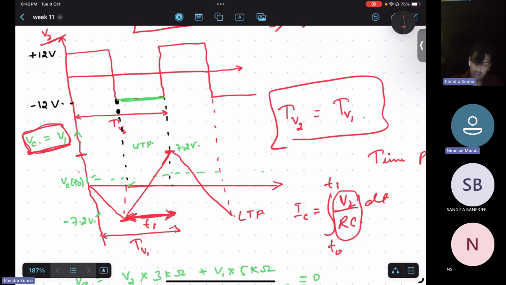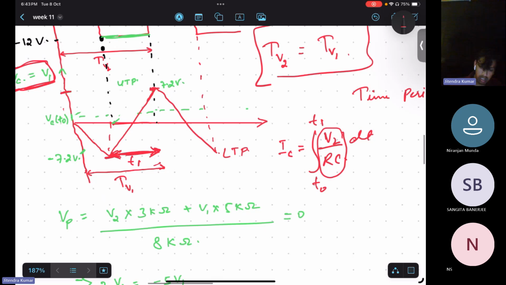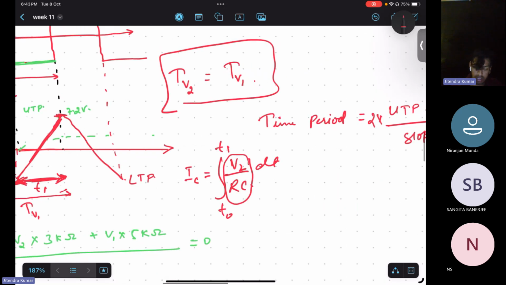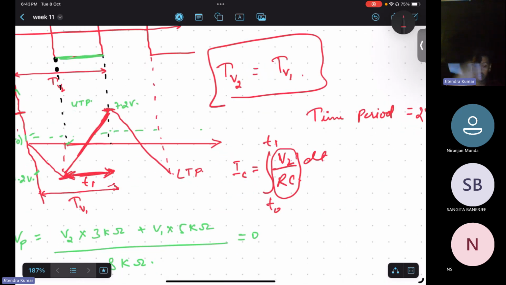Yes, sir. Clear, sir. Okay, so once we got the value of the slope, we know the peak to peak value. Peak to peak value is how much? UTP minus LTP. So slope is there, perpendicular is there, base is there.